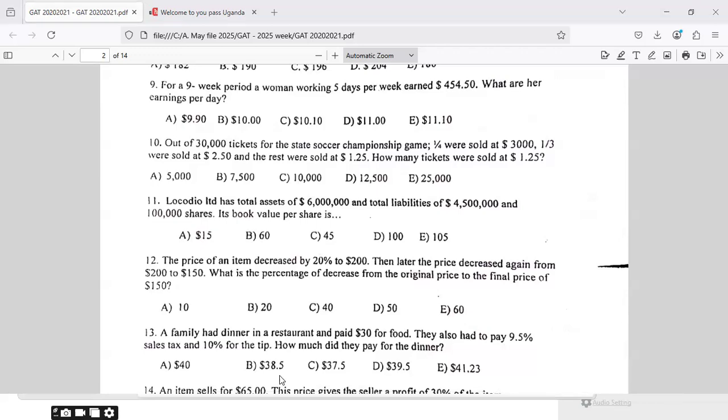It's a bit longer. I don't want people to lose hope today.